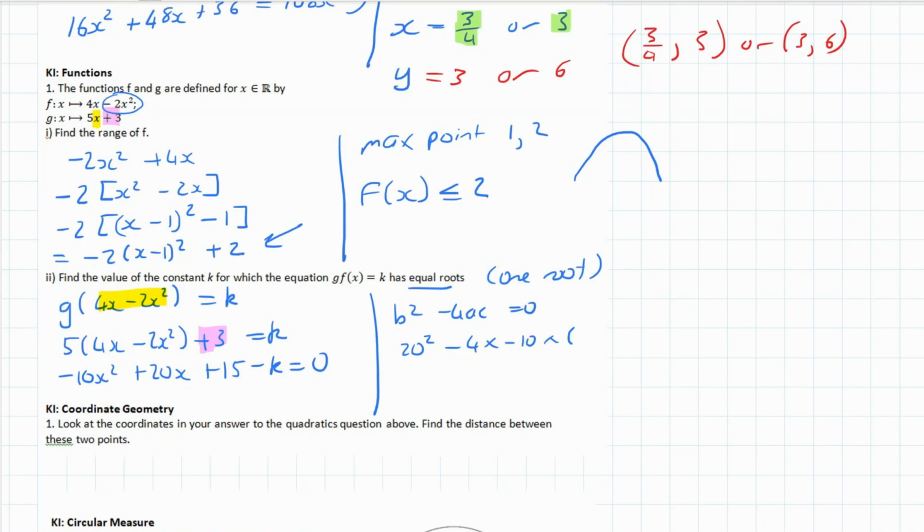So I'm going to put that in a bracket. So I get 400 plus 40 into 15 minus k. That's a bit messy, let's just fix it up. 15 minus k is equal to 0. So I get 400 plus, what's 40 times 15?